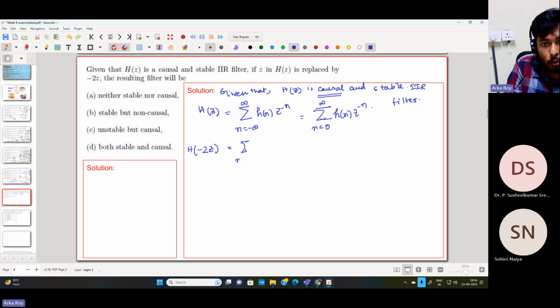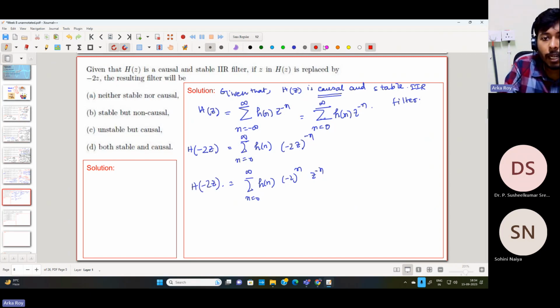So let us do the same. n equals 0 to infinity, h of n, minus 2z to the power minus n. I can write it as h of n, minus 2 to the power minus n, and then z to the power minus n, n equals 0 to infinity, that is H of minus 2z.